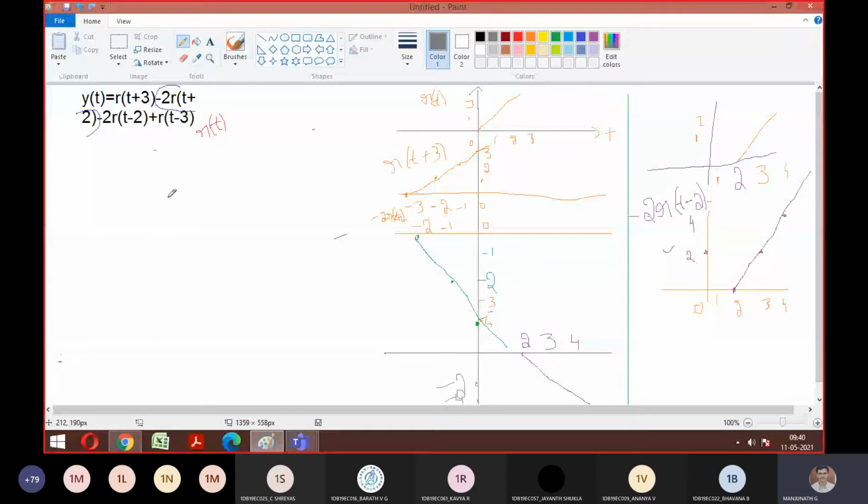You have to keep a delay. This is how your t minus 3 ramp function looks. T minus 3 means from a delay of 3, so from here it will go like this, sloping up. Is it okay till here? So this is your t minus 3 graph. Any doubts on plotting individually? Now I think you can tell me how the final waveform looks.